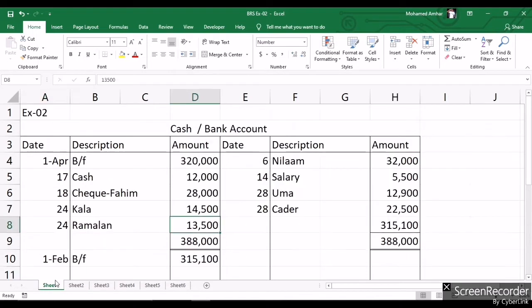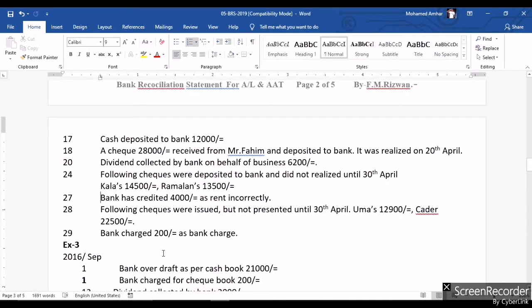You see here, in the organization's cash book, you can't see that 4,000. So that is one of the errors recorded by the bank. Right. Next date is 28th.